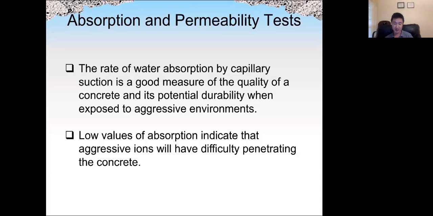The lower the permeability and the less absorption, the more durable the concrete will be, because aggressive materials will have a harder time to penetrate the concrete. A lower value of absorption indicates these aggressive ions will have a harder time to penetrate into the concrete and do the damage.